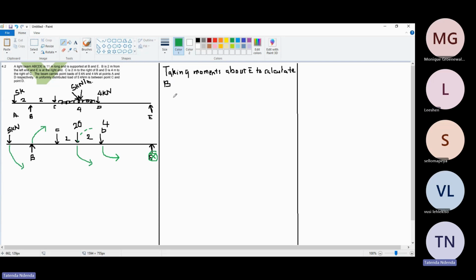Now, Mr. Stella, I think you need to assist us on this one. So you're saying the summation of clockwise moments is equivalent to the summation of anti-clockwise moments. What I want you to do, Mr. Stella, is to give us the first clockwise moment that you are seeing from this diagram.